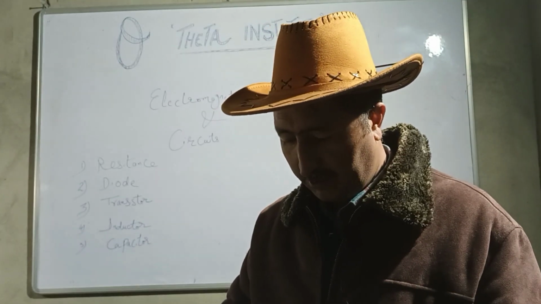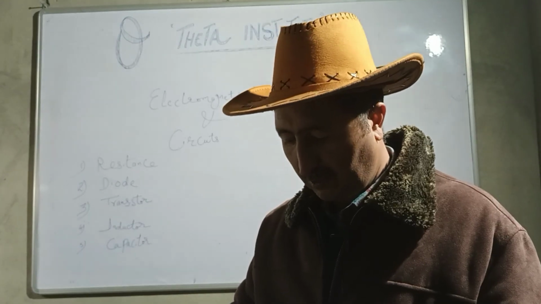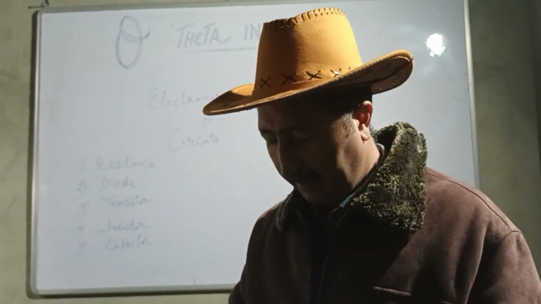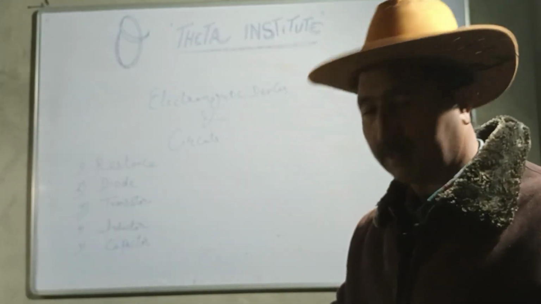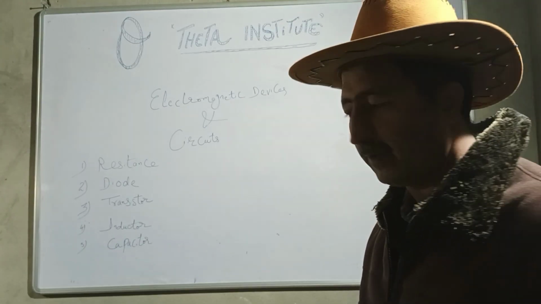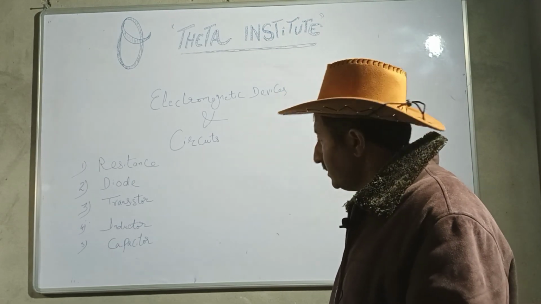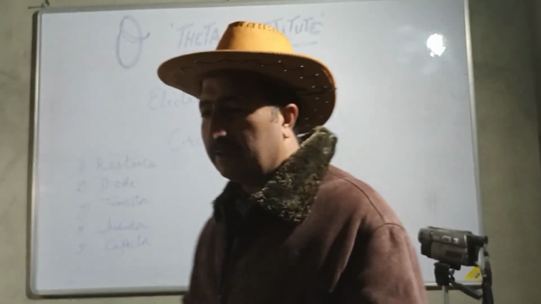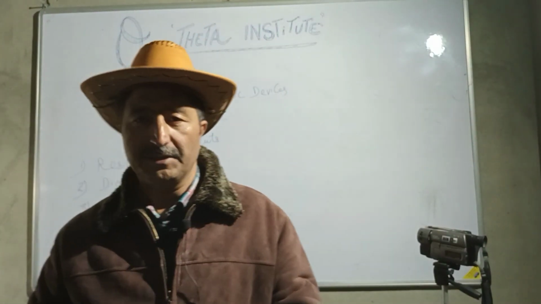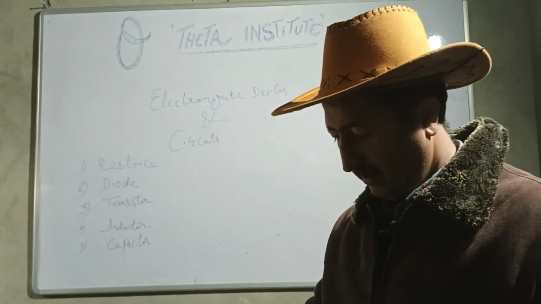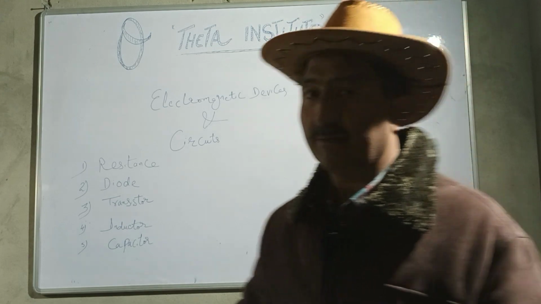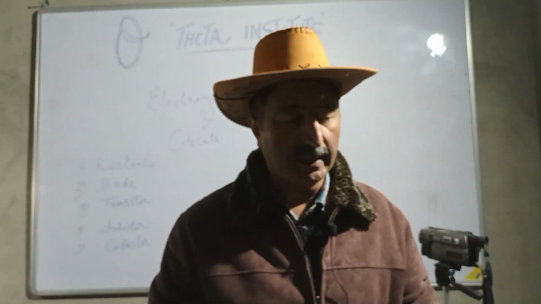So resistance offers the blocking power to an electric current. The more the power of a resistor, the more will be its blocking power to flow of the electric current.